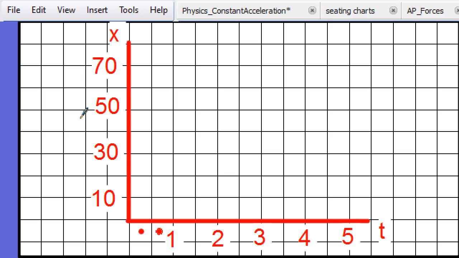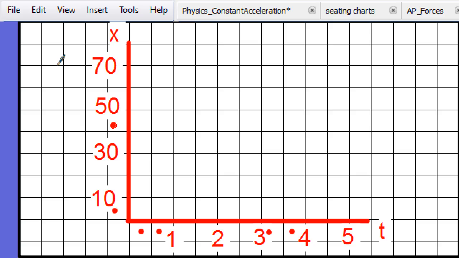And then over here, it's still 2 boxes to go a second. Each box everywhere on the axis is worth the same amount. Now let's look at the vertical axis. 1 box is 10 meters. And if I go anywhere else, 1 box is still 10 meters.